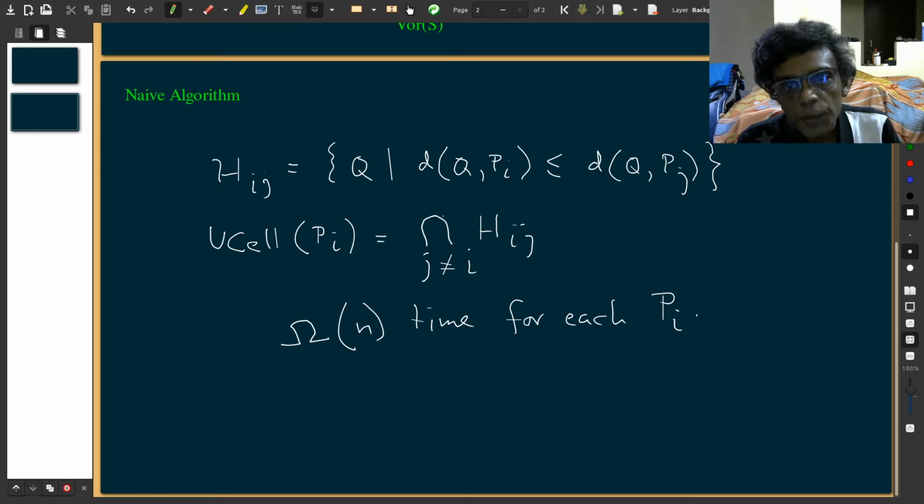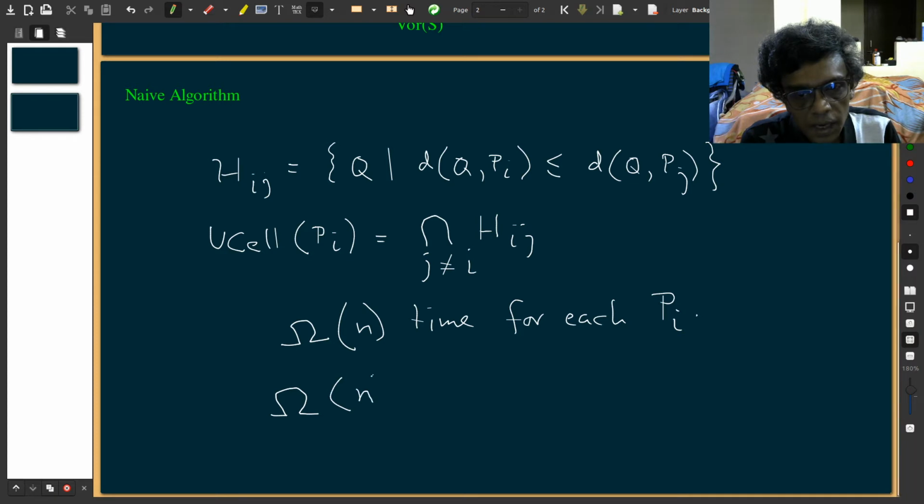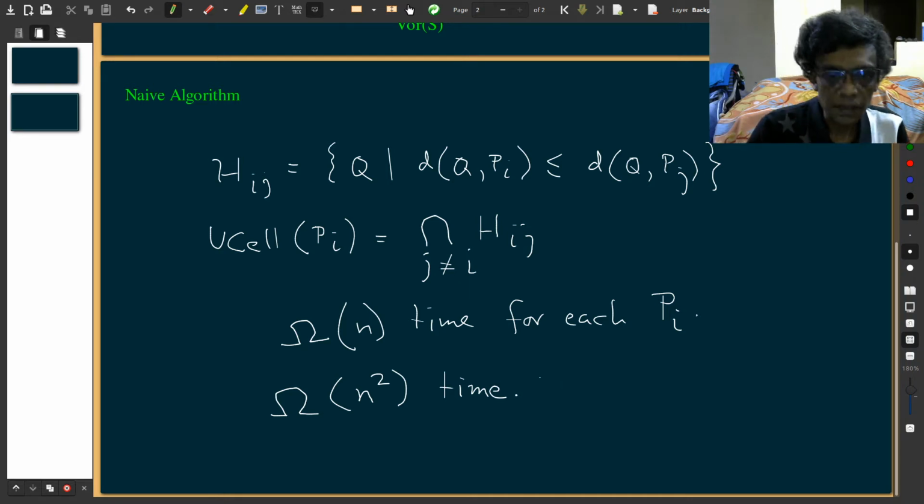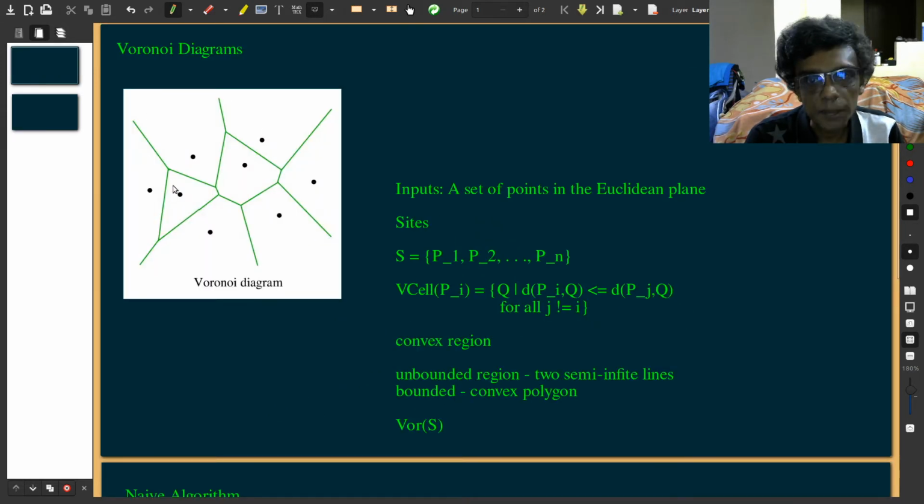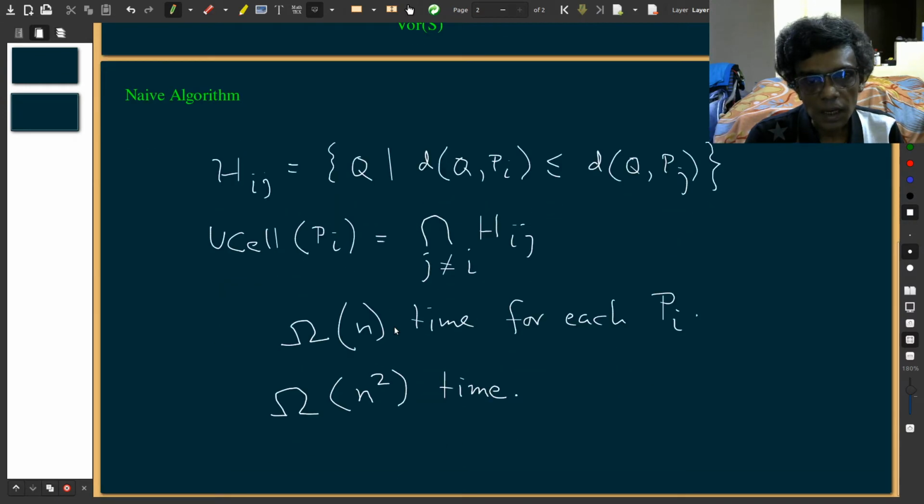Even if I can compute this intersection in big O of n time, this still gives me an algorithm which runs in at least this much time. That is not good. In the last class, we have seen that the size of the Voronoi diagram, that is the number of edges and the number of vertices, are all linear functions of n, and I simply do not want to make something like n square or even more effort.